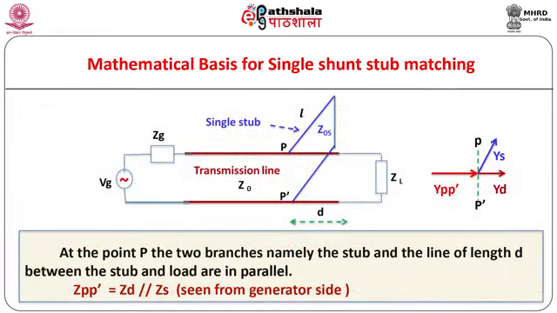At the point P, there is a division of signal. A part of the signal enters the stub and the remaining signal passes towards the load. Thus, the two branches, namely the stub and the line of length d between the stub and the load, are in parallel. It is easy to understand that when seen from generator side, ZPP dash equals the impedance of the parallel combination of Zd and Zs as shown in the diagram.